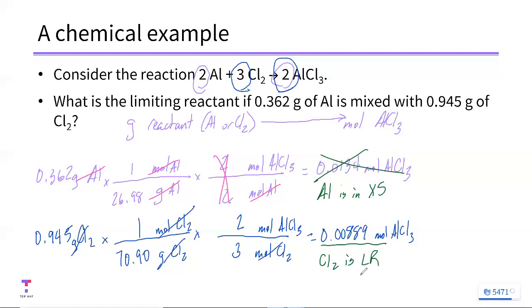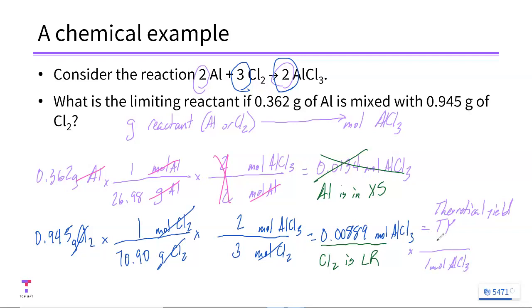we can get something called the theoretical yield. Now, theoretical yield will come up again when we talk about percent yields, but the idea here is relatively simple. This amount is the amount of aluminum chloride that we would expect from this reaction. That's the value in moles. If I wanted to take it into grams, all I would need to do is multiply it by its molar mass.